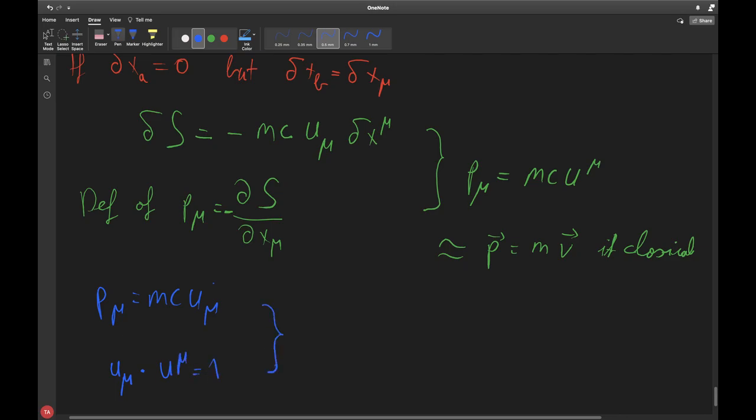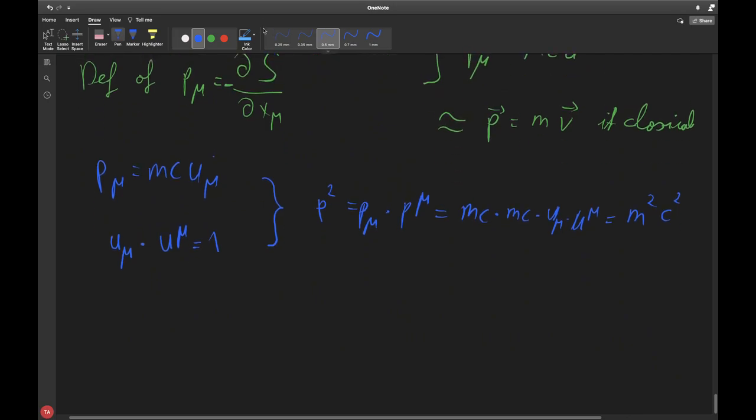If I put these things together and take the square of p, that means p mu down with p mu up, that's the same as mc times u mu times u mu. But then u mu times u mu was 1, so this leads us to m squared c squared.